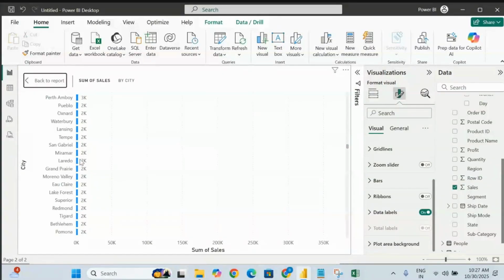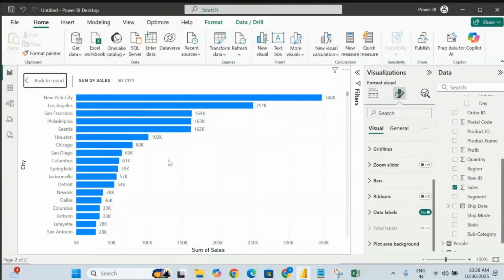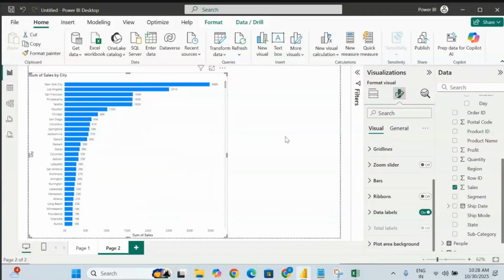Going down, you can understand the least sales values contributed by cities: Jupiter, Elyria. These are the bottom 3 sales values. Perfect. This is how any chart visualization converts a huge amount of data into meaningful understanding.